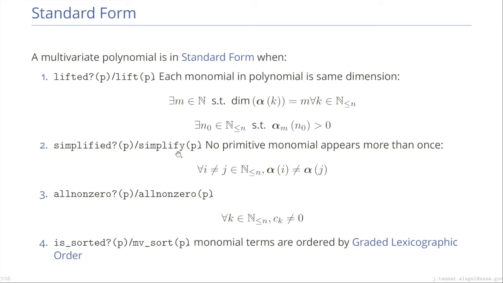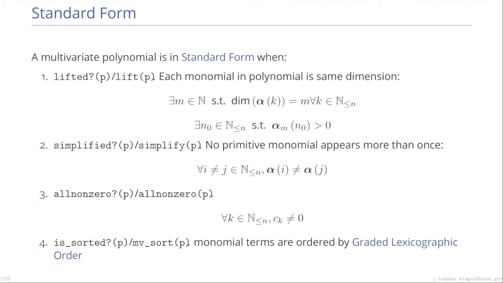Now simplify enforces that each alpha is used at most once in a multivariate polynomial. For example, you cannot have two monomials associated with x squared. The x squared term can only appear once in the multivariate polynomial. All non-zero enforces that each of the scalars in front of the monomials are not zero. This enforces that the zero polynomial is the null list.